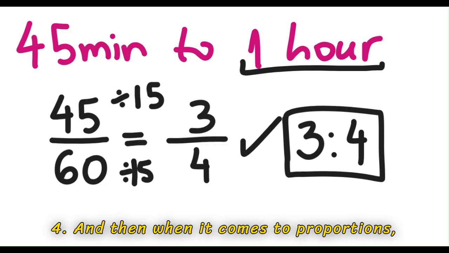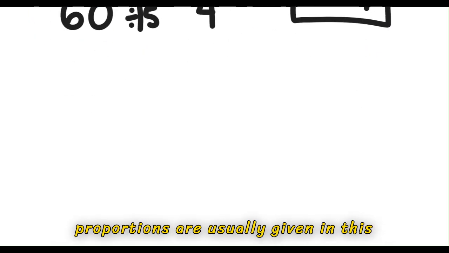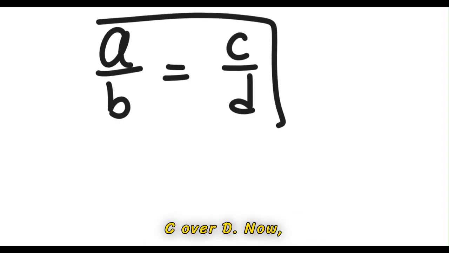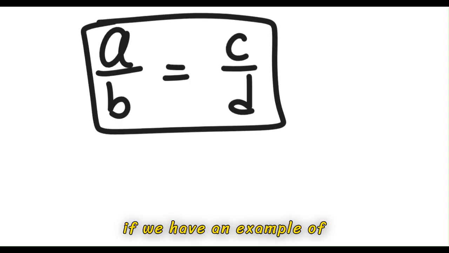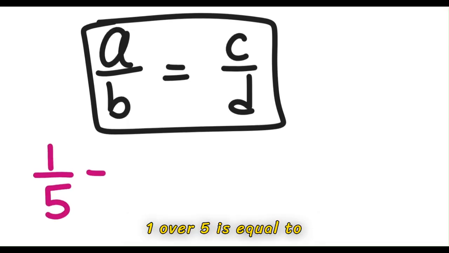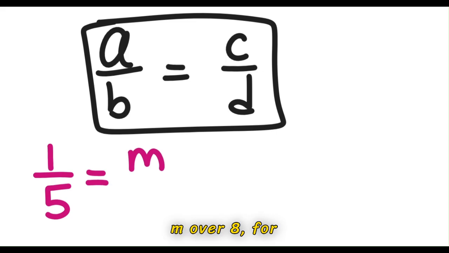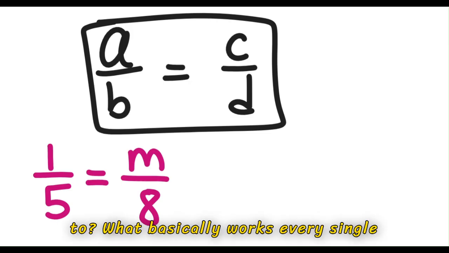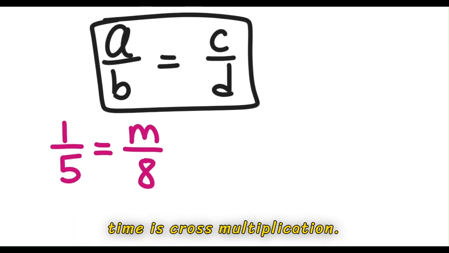And then when it comes to proportions, proportions are usually given in this form: A over B must be equal to C over D. Now, if we have an example of 1 over 5 is equal to M over 8, for example, what is M equal to? What basically works every single time is cross multiplication.